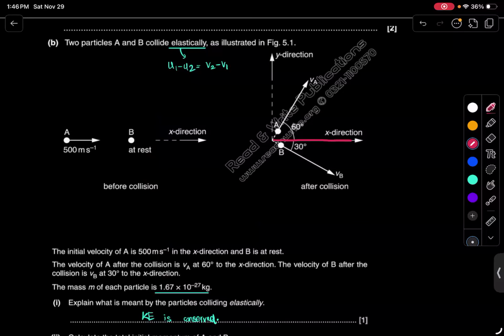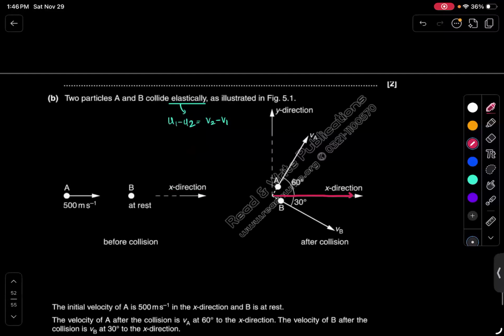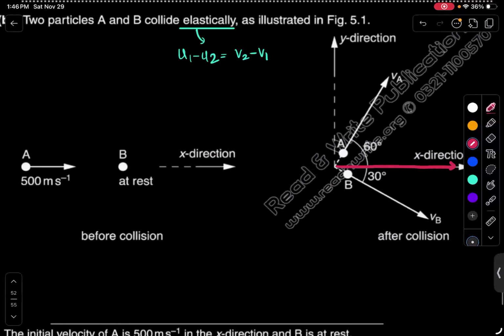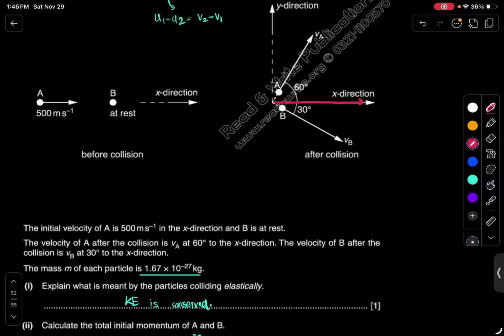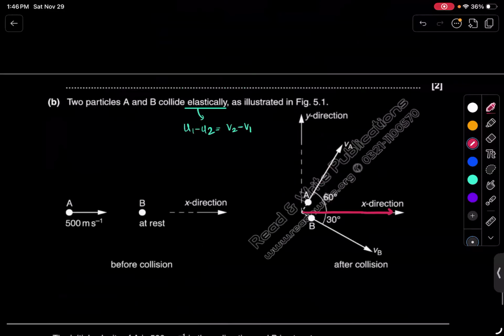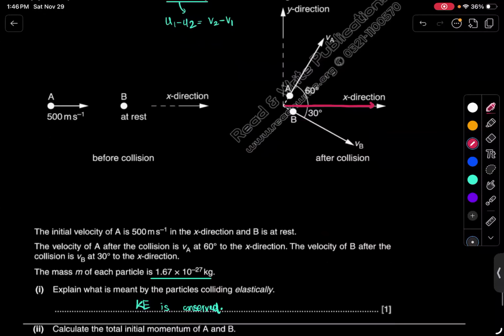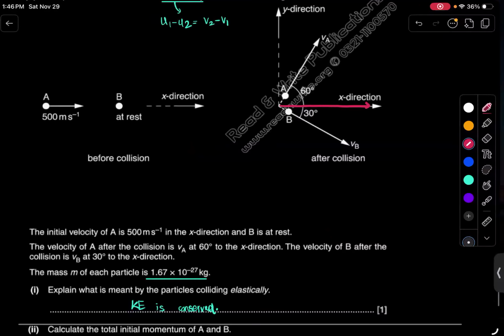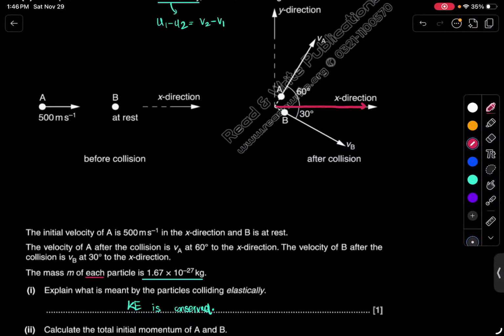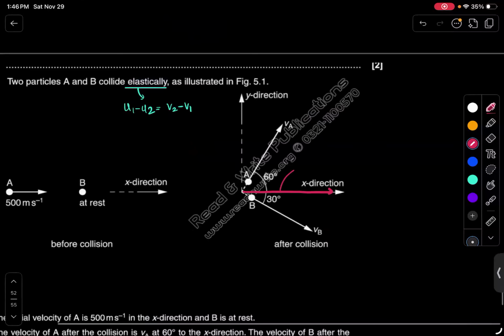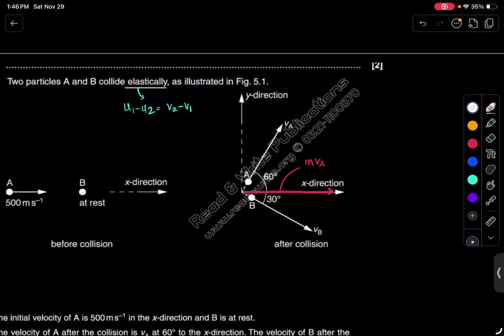So isn't this going to be, wait, do they have the same mass? Two particles A and B collide. Okay, the mass of each particle is the same, so both of these have the same mass. So this is going to be MVA. What is it going to be?